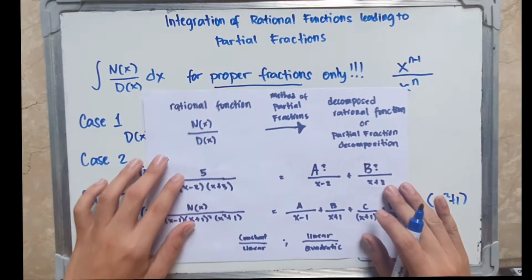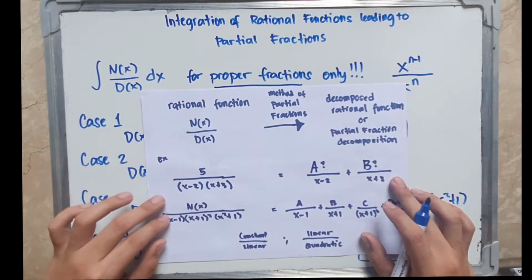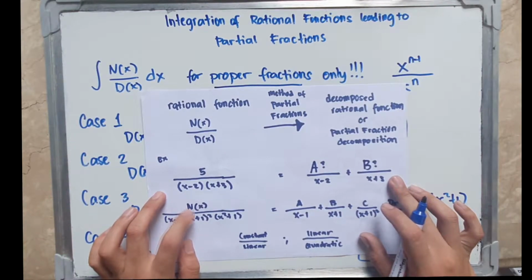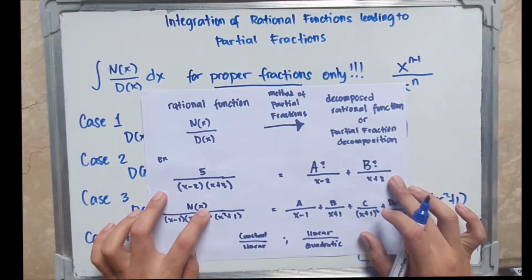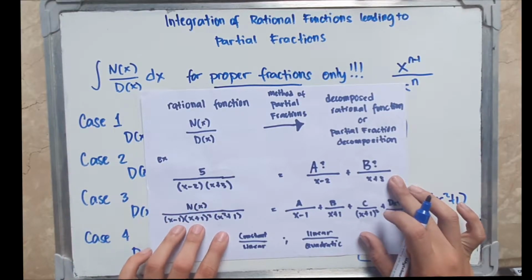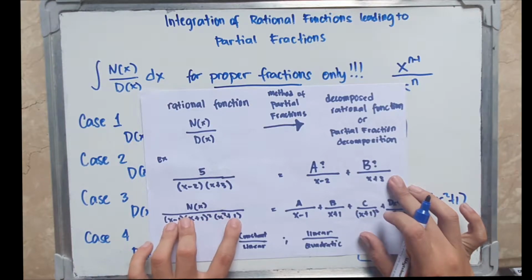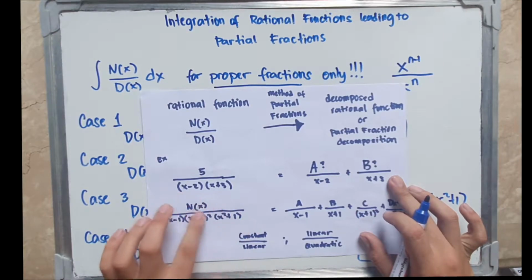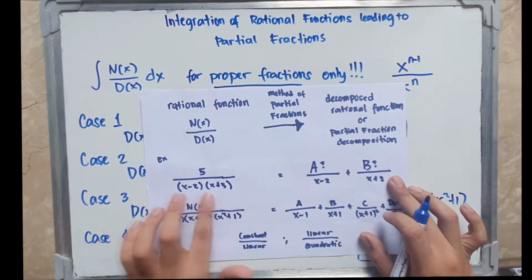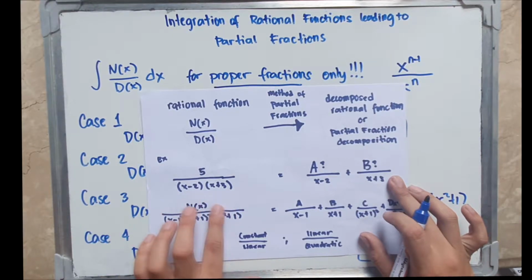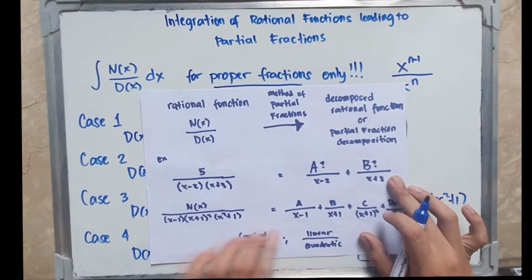Okay. So now let's have this example. Example number 2. We have an N(x), the numerator, and look at our denominator: (x minus 1)(x plus 1) squared (x squared plus 1). This is equivalent to the following.